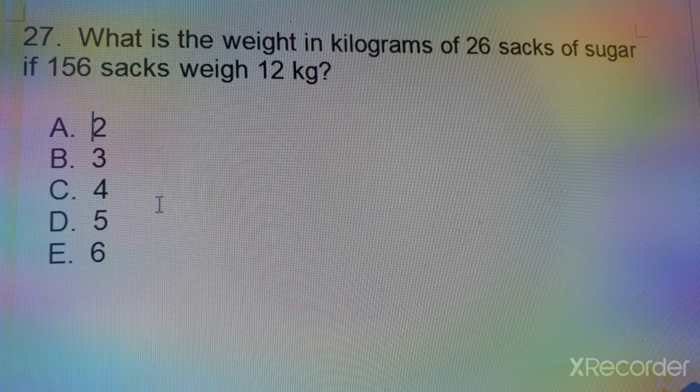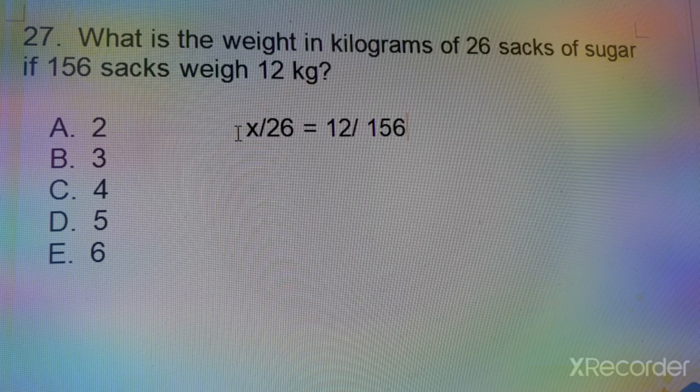A, 2, B, 3, C, 4, D, 5, E, 6. Okay, so let X be the weight in kilograms of 26 sacks of sugar, if 12 kilograms is the weight of 156 sacks of sugar.